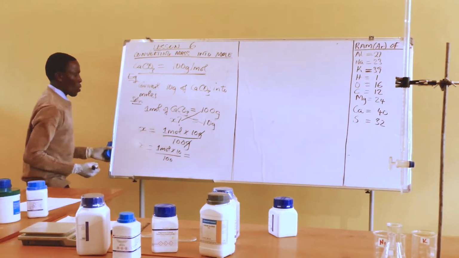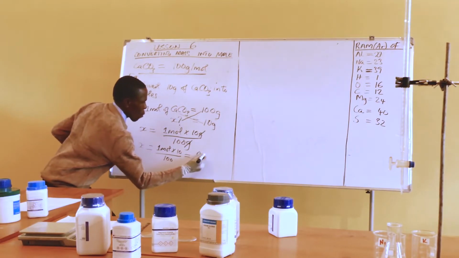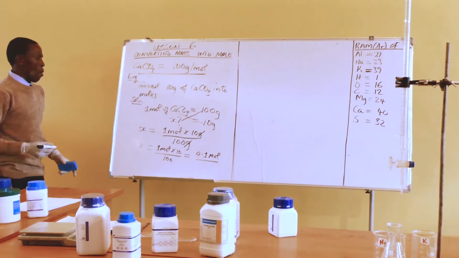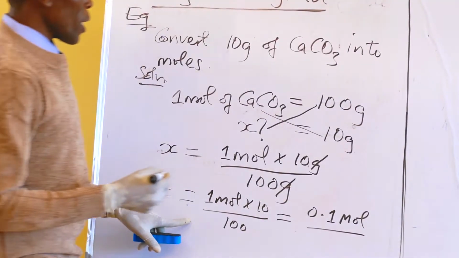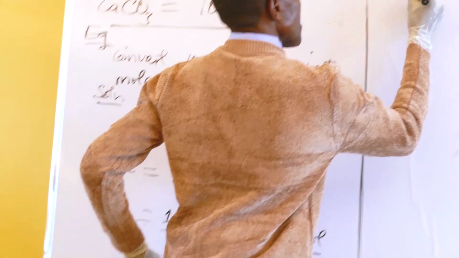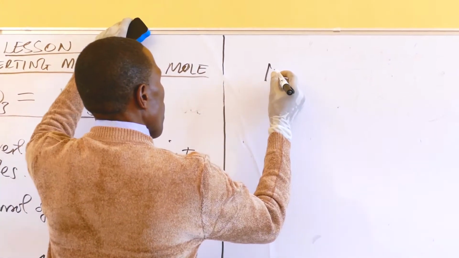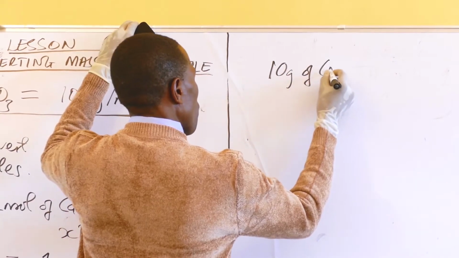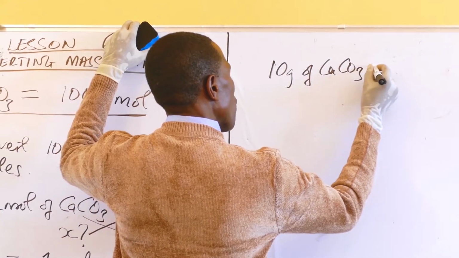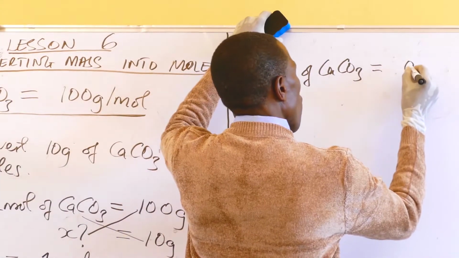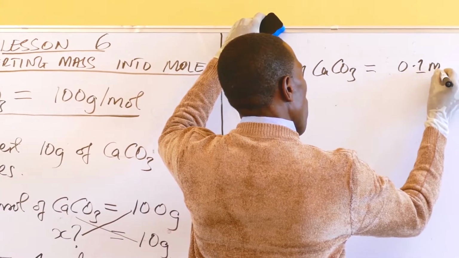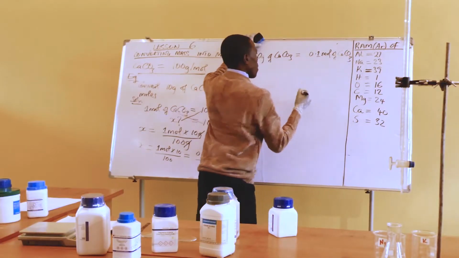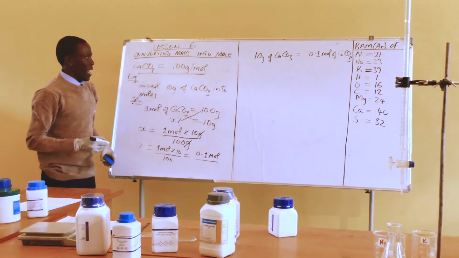When you divide, it gives 0.1 mole. What does this mean? It means 10 grams of calcium carbonate is equal to 0.1 mole of calcium carbonate. That is the meaning.